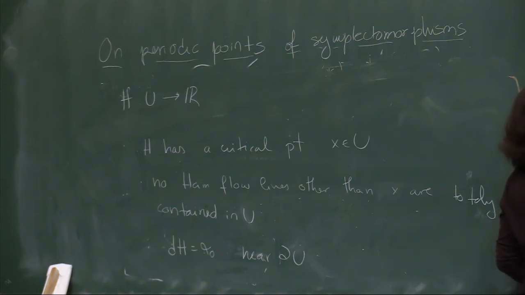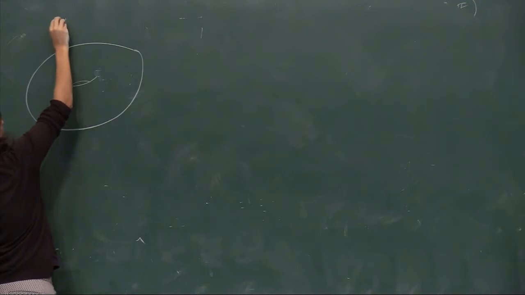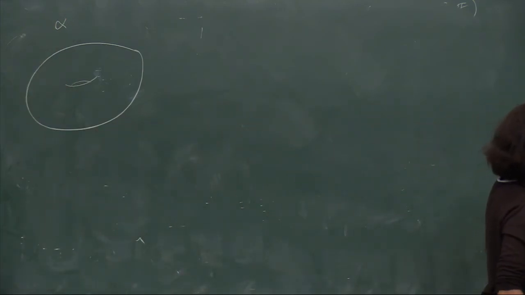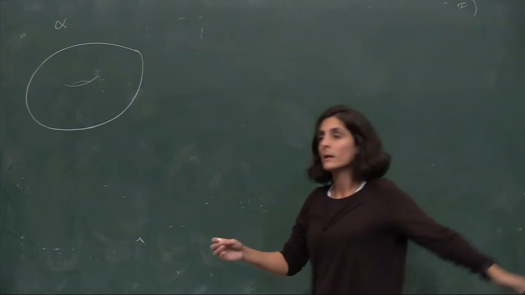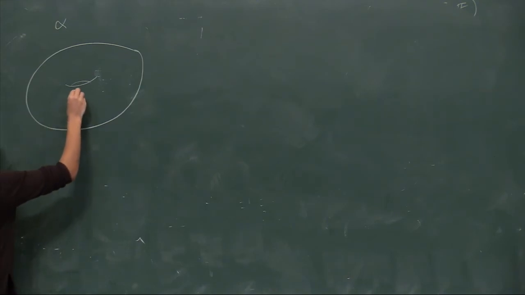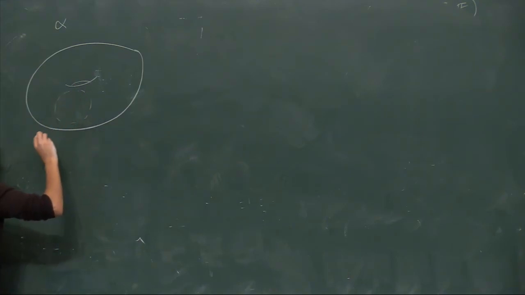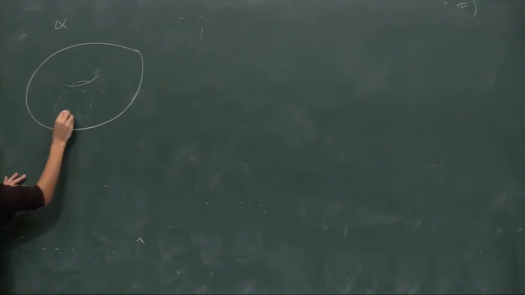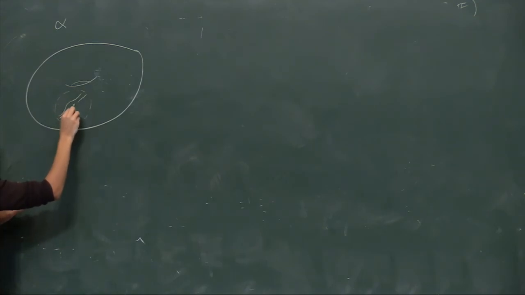To something like this. So now I'll consider a one form alpha, which is basically alpha naught outside that U, and inside U is given by dH. And so here in U, now instead of having those lines like that, I'll have something where this is my critical point of H, and close to it I'll have something like this.